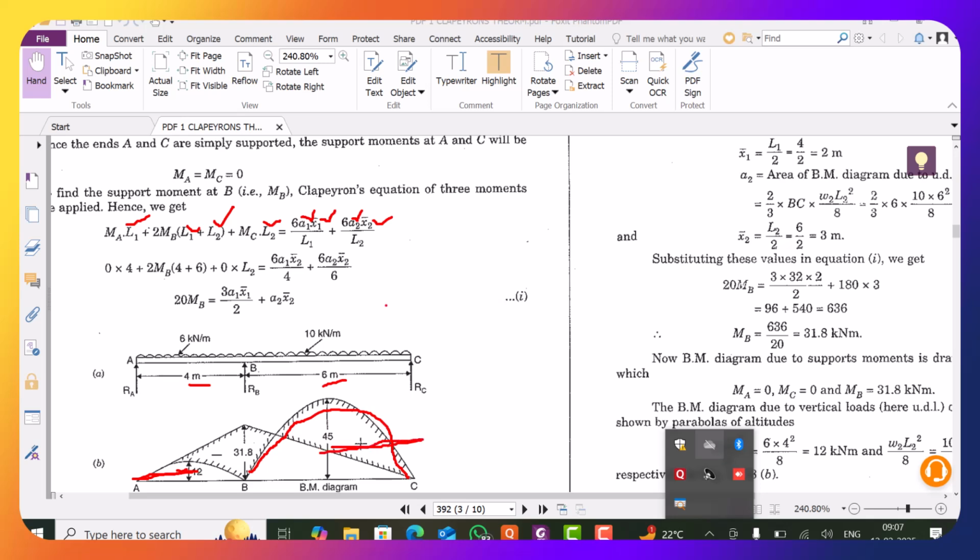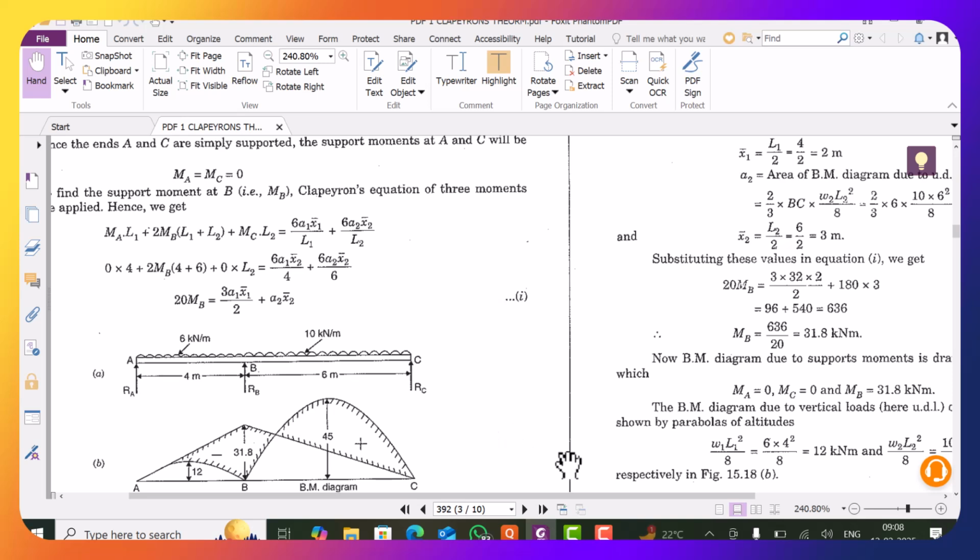So this way you have calculated the values of almost all the unknowns except 3. The first one is MA, whose value you don't know. Second is MB, you don't know the value.